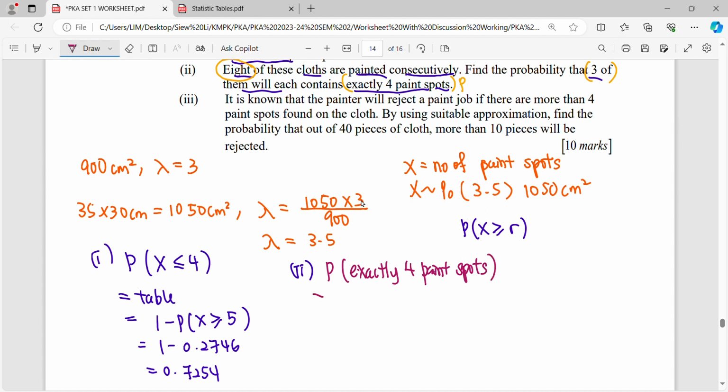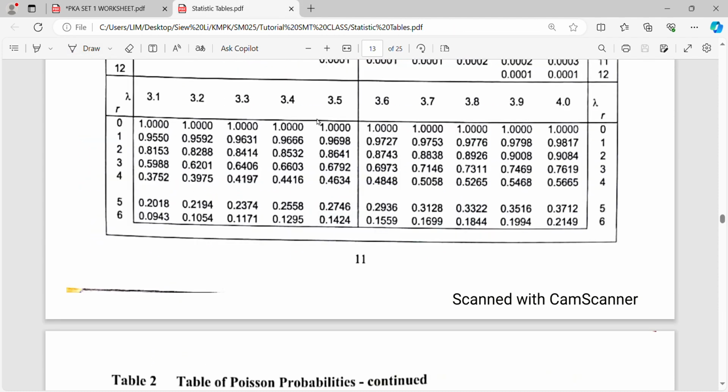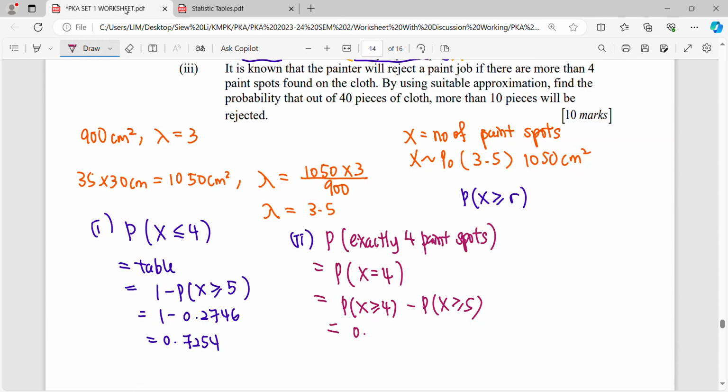If it's still finding paint spots, it is still under Poisson. X equals 4. So Poisson 3.5, when you want to get the reading of 4, we start from 4 minus 5, then you will get X equals 4 alone. So reading of 4 is 0.6334, minus reading of 5, which we read just now.